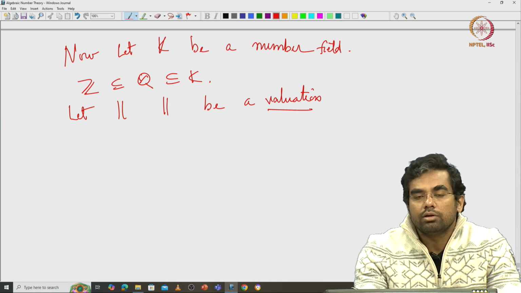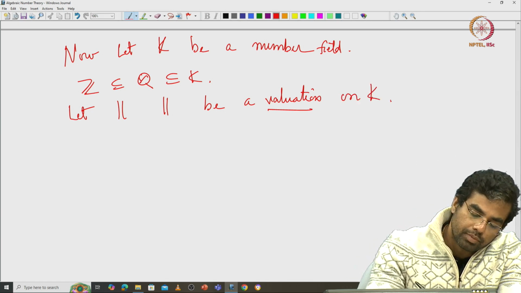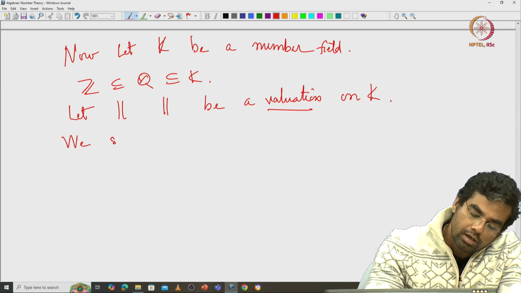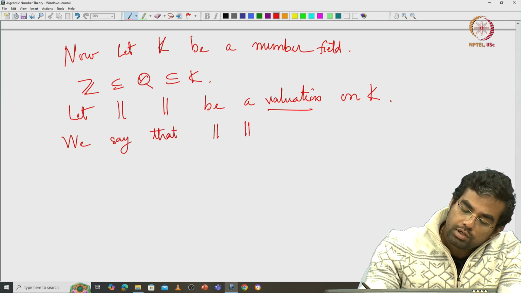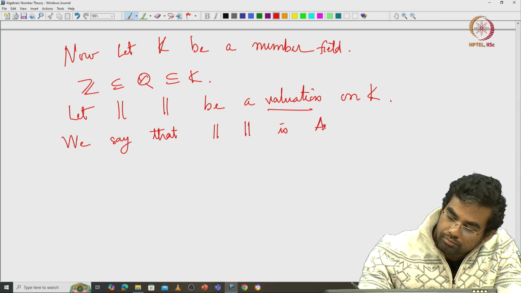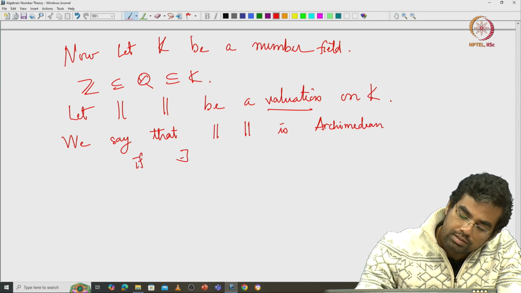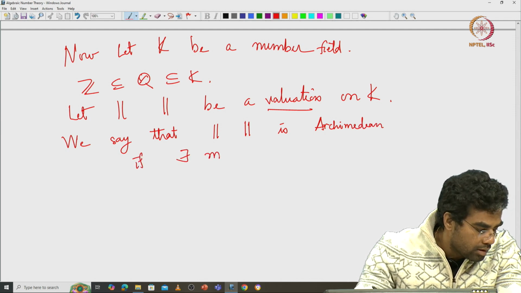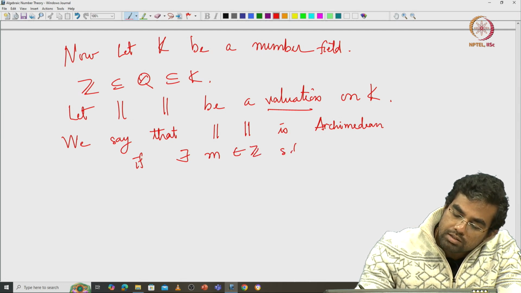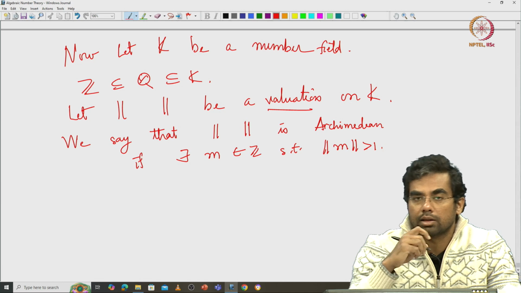Whenever I say valuation, I mean multiplicative valuation on K. So we say that this valuation is Archimedean if there exists m in Z such that the valuation of m is bigger than 1.